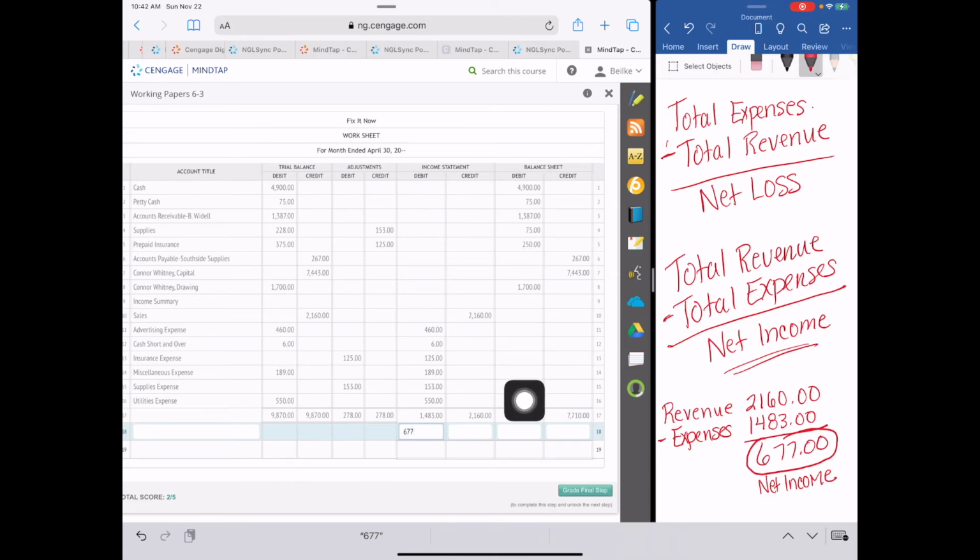We're going to do the same thing with our balance sheet. We're going to find the smaller of the two columns, which is our credit column, and put that same exact number. You cannot change numbers just to make your worksheet balance out. It has to be the same exact number, which represents our net income.